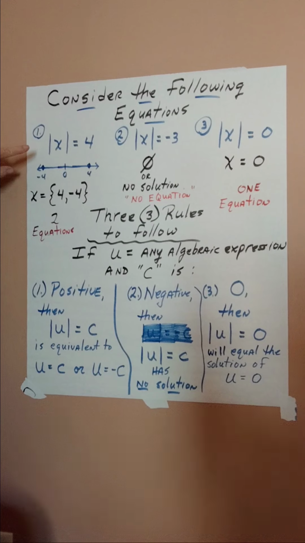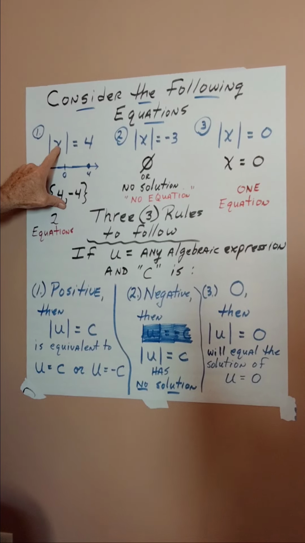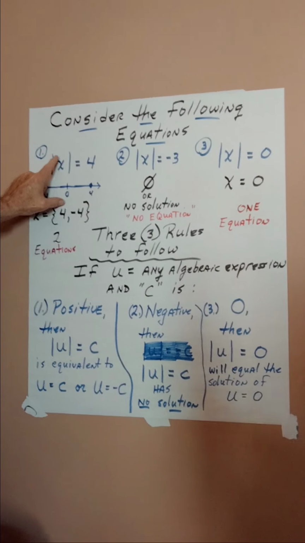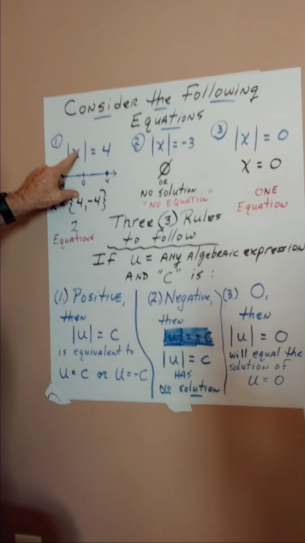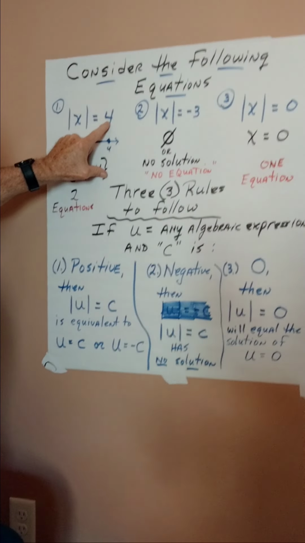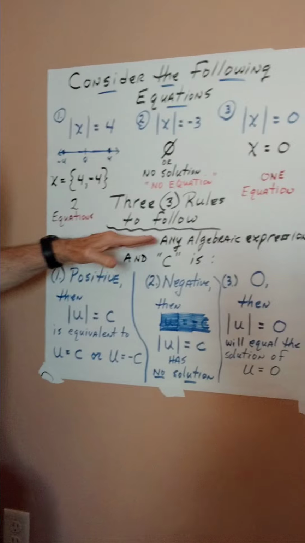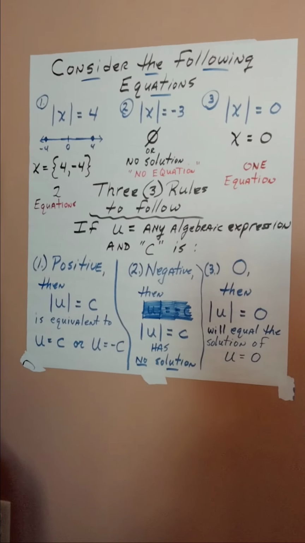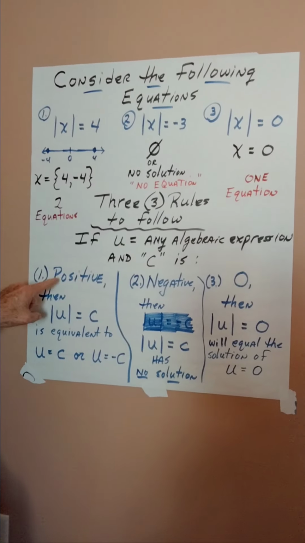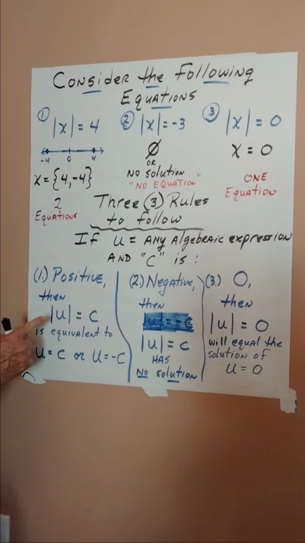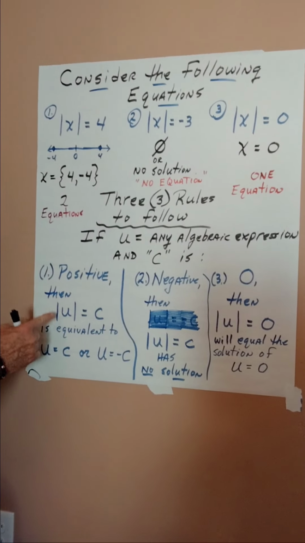So back up here for a second. That's u. There's the algebraic expression, and this is your c, and it's positive. So if u is equal to any algebraic expression and c is positive, then here's rule number 1.